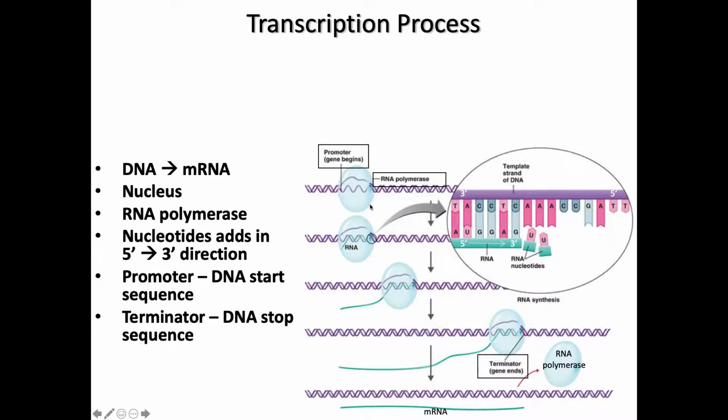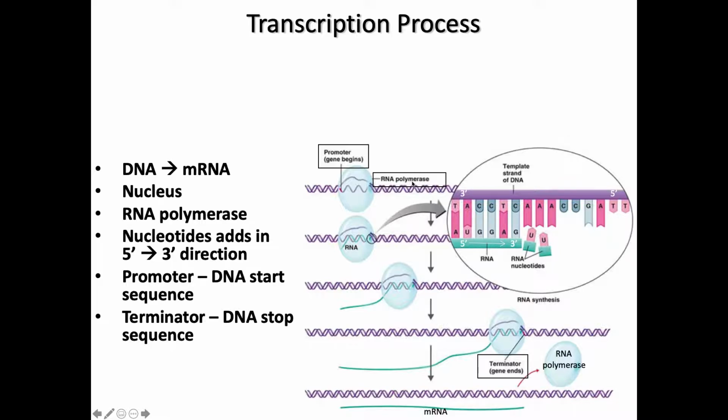One of the key players in this process is RNA polymerase, not DNA polymerase. This enzyme will find a sequence on the DNA called the promoter, and this is a signal to where the gene starts.